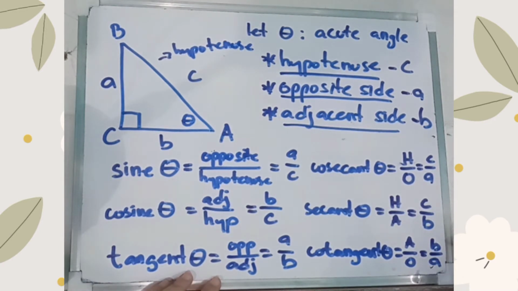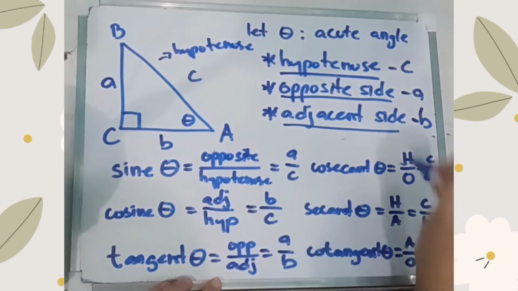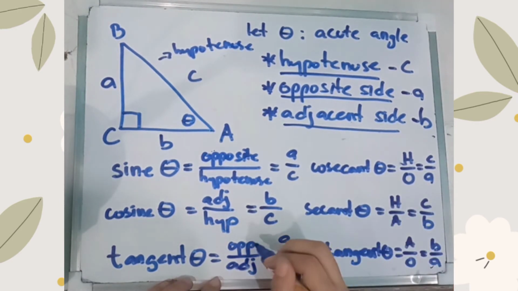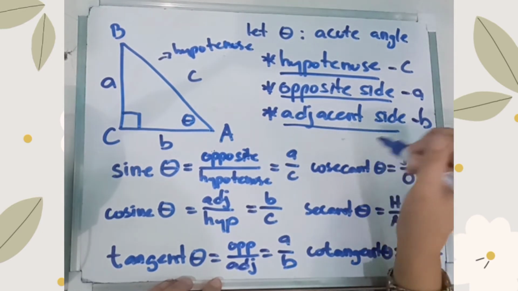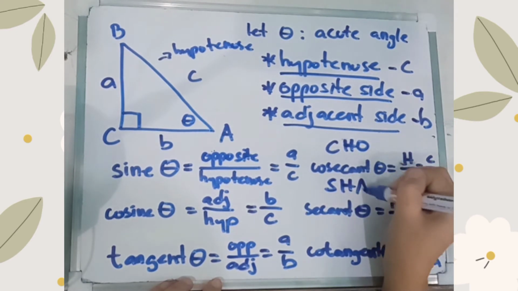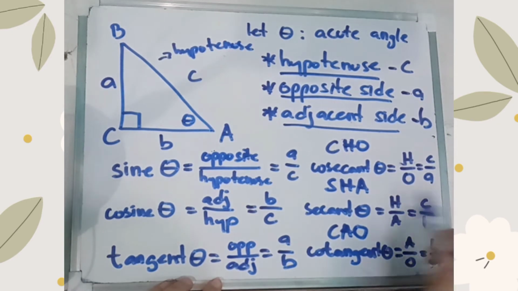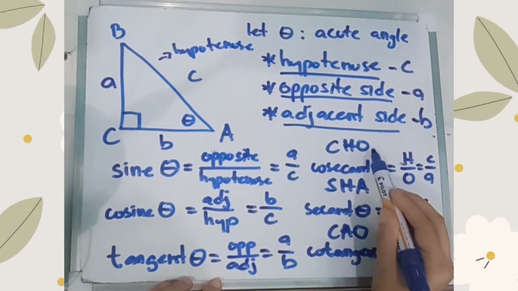Earlier, we had the mnemonic for the first three trigonometric ratios, SOHCAHTOA. Now for the reciprocals, of course, we have a mnemonic too. For the reciprocals, our mnemonic is COSHA-COW. CO, that's cosecant, is equal to hypotenuse over opposite.